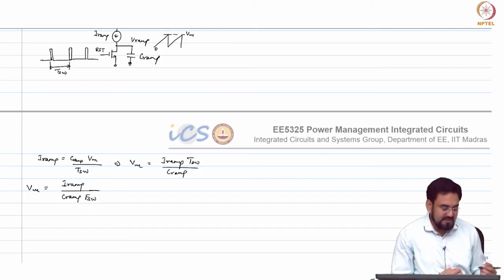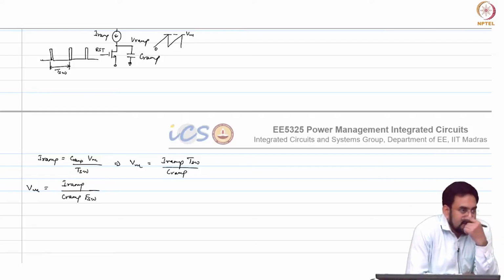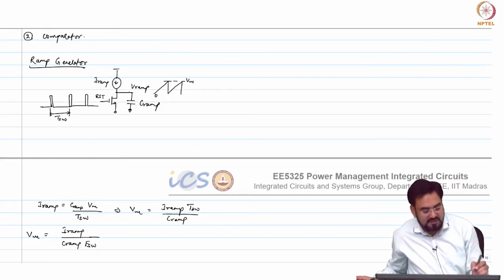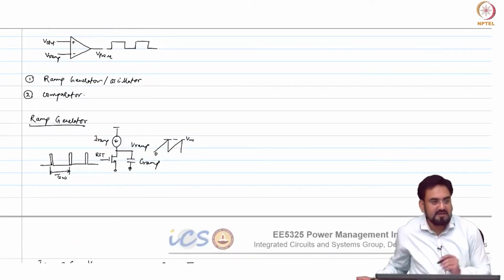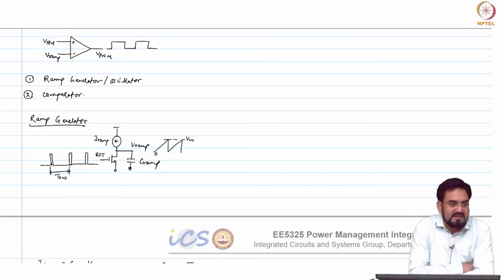So, the CRAM and IRAM ratio will control your VM. FSW is fixed, then you can choose IRAM, CRAM. Smaller the CRAM, smaller current you will require. But one thing you have to look into, this is going at the input of your comparator. So, do not make it of the order of femtofarad, so that parasitics will not kill it.